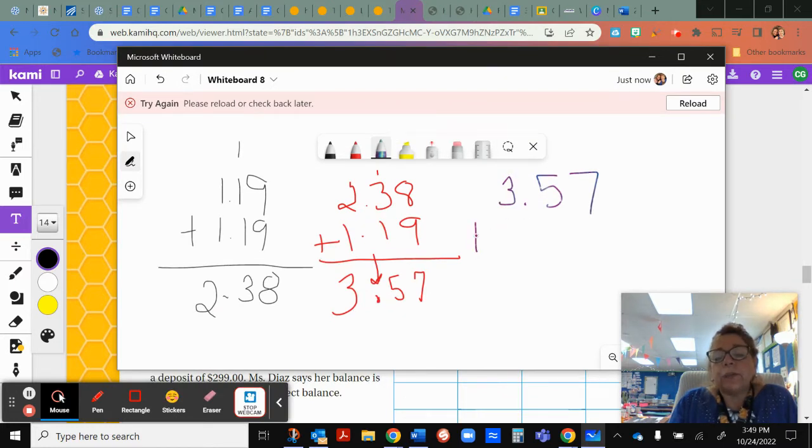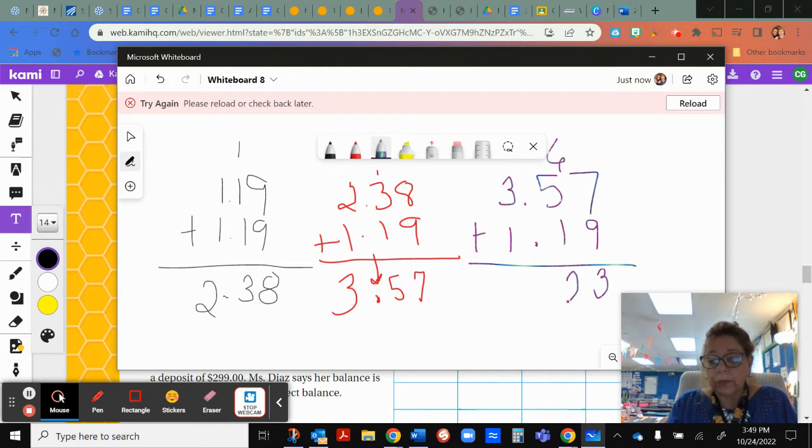I'm going to add another $1.19 in, right? 9 plus 7 equals 63. 6 plus, or 5 plus 1 is 6, and 6 plus 6 equals 12. 3, 4, and 5. So $5 and, is that right? What did I do wrong?